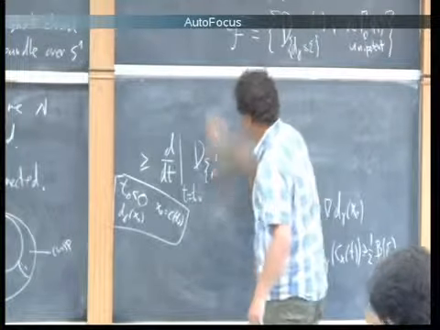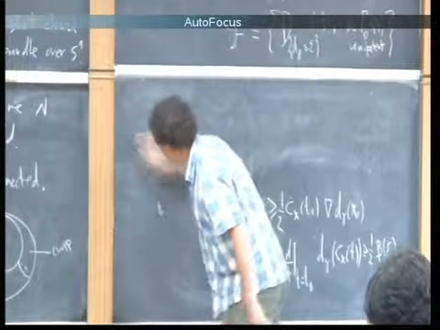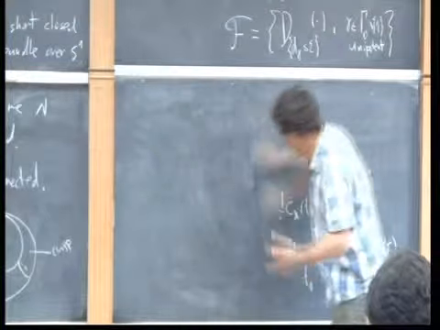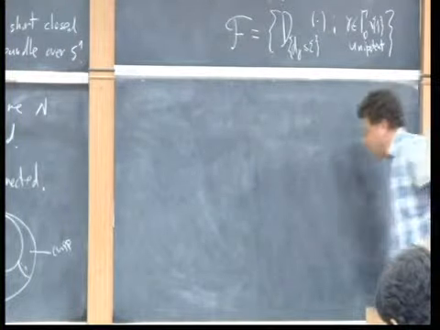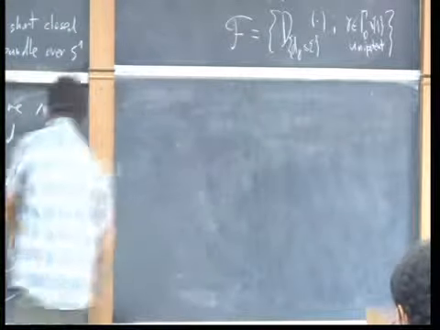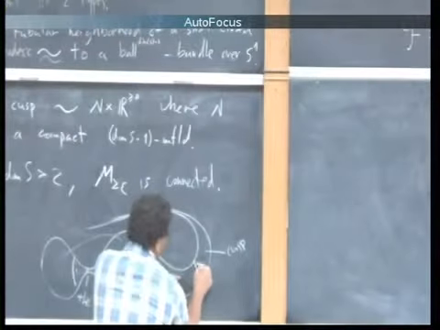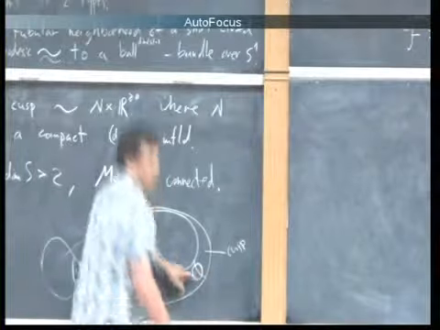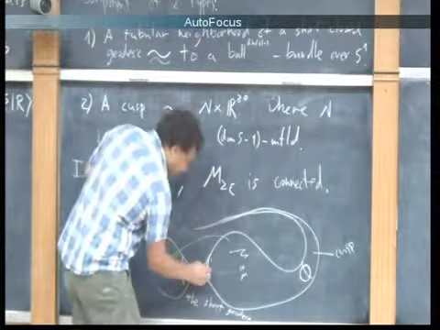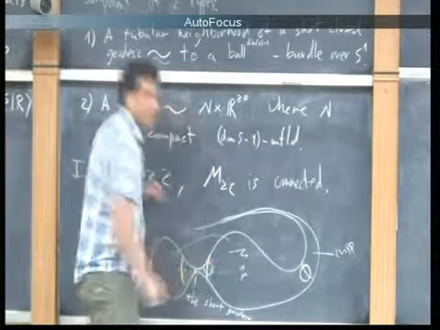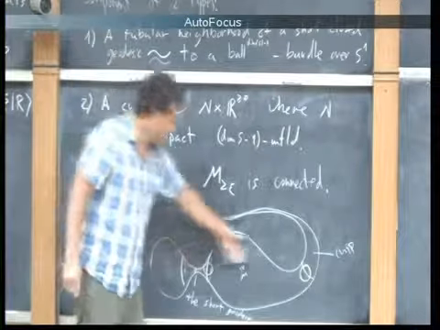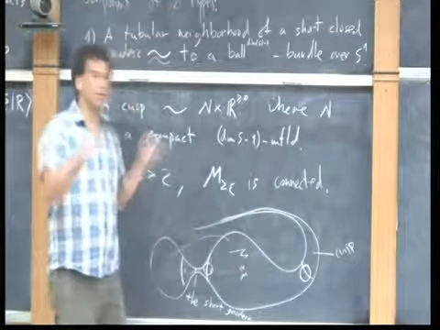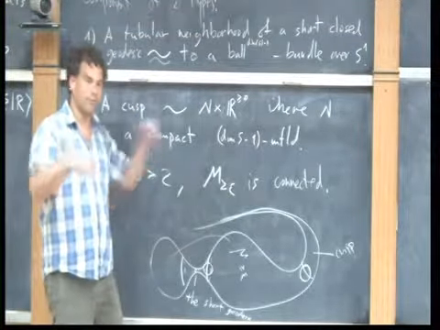I'm hand-waving instead of writing it because of shortage of time, but at the boundary of each component, you can find an embedded ball of radius epsilon over 2 or epsilon over 3, right? So at the boundary of each component, you can find an embedded ball. The injectivity radius is not small anymore, and these balls will be disjoint when you see the proof.